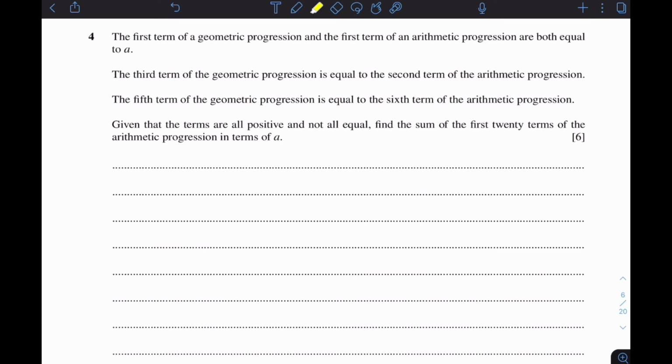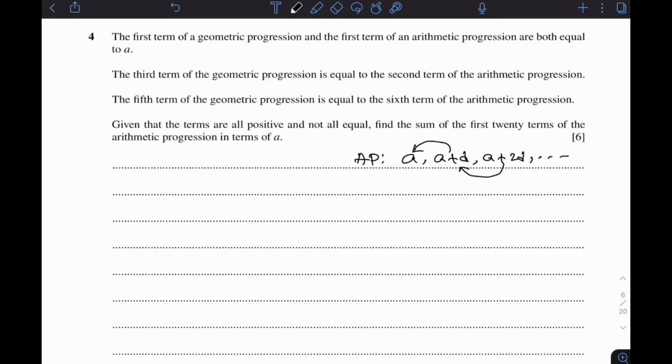This is question 4. The first term of a geometric progression and the first term of an arithmetic progression are both equal, that is a. We know arithmetic progression and geometric progression very well. Let me give you some hints: this is the first term, second term, third term, and this is the series for AP, because if you subtract these two terms, you are having common difference D. Same as if you subtract these two, you are having common difference D. So this is AP.